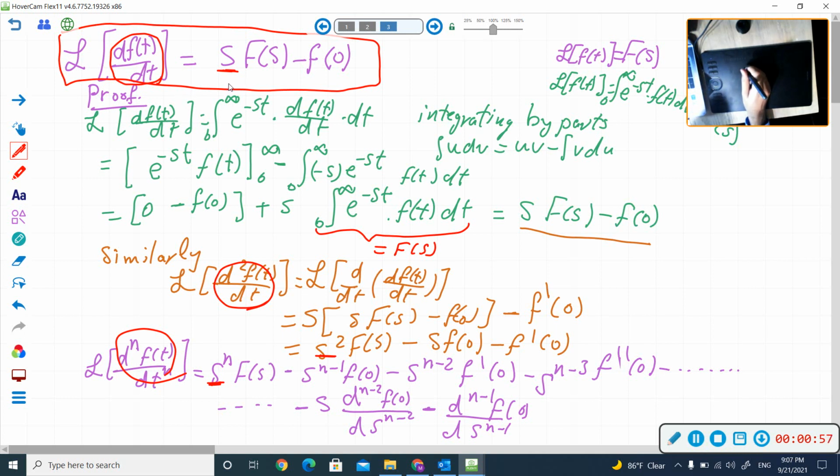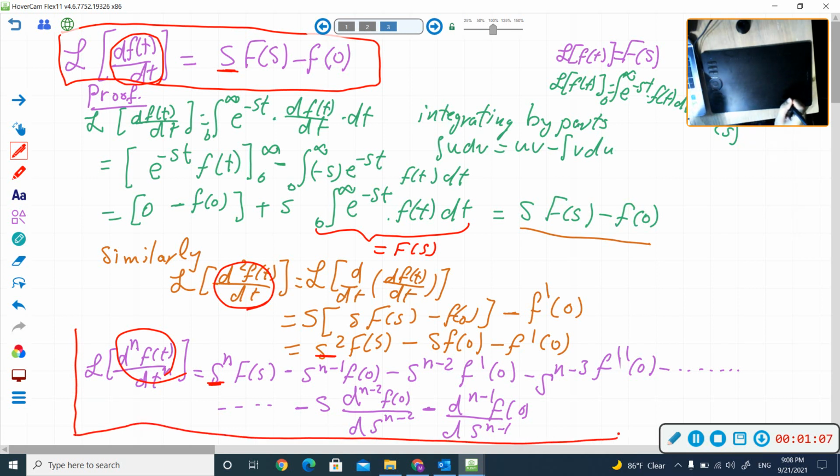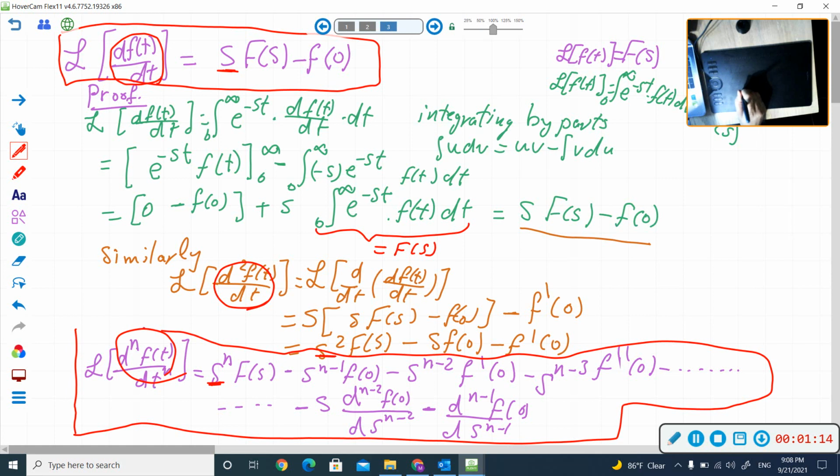In the general form, if you have the nth derivative, you will multiply your Laplace transform by s to the power n.